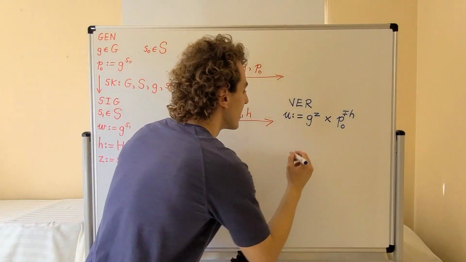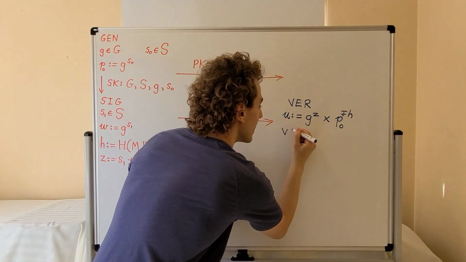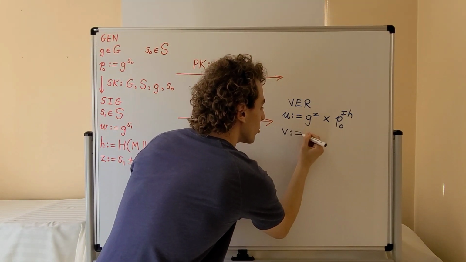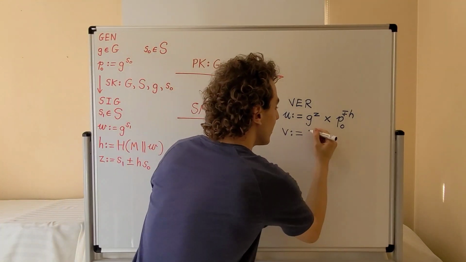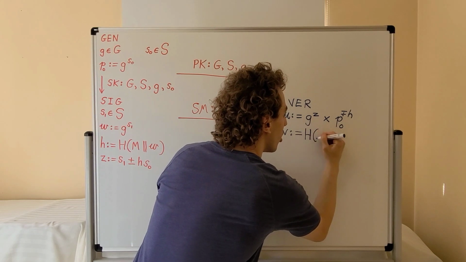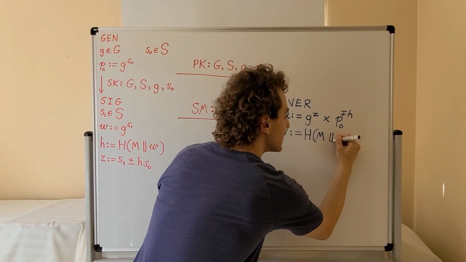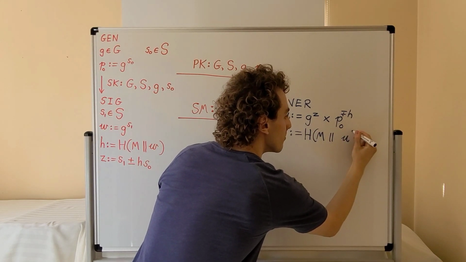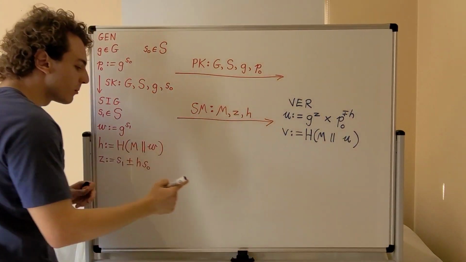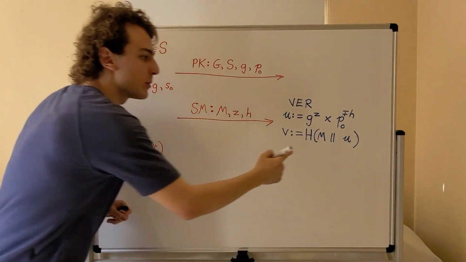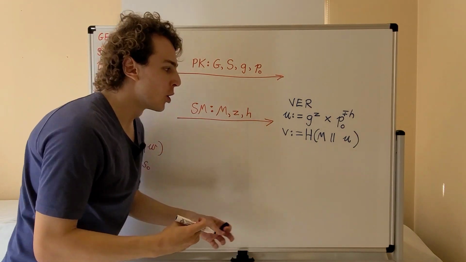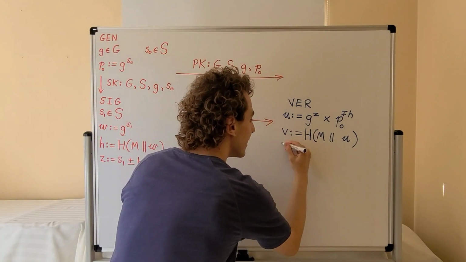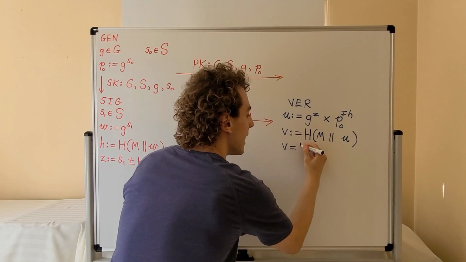Now let's define the value V. V will be defined analogously to H. V will be the hash of the message concatenated with U. We don't have W over here; instead, we have U. And to perform verification, we're going to check whether V is equal to H.